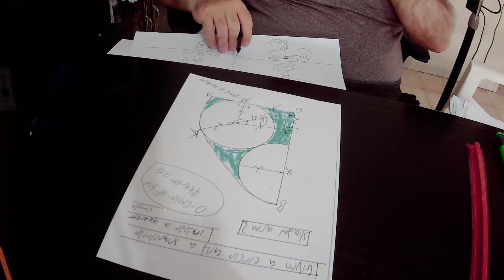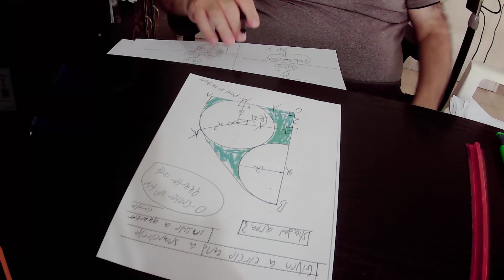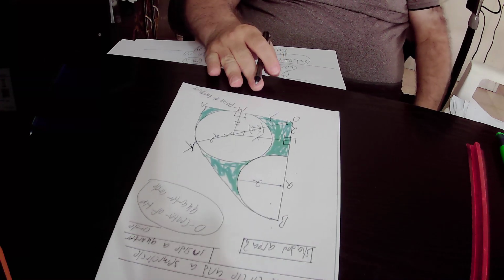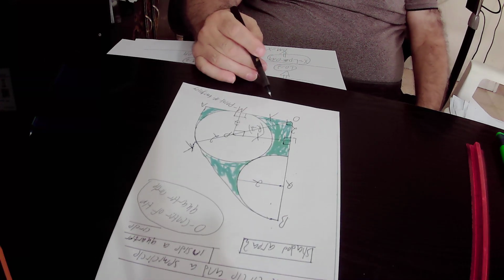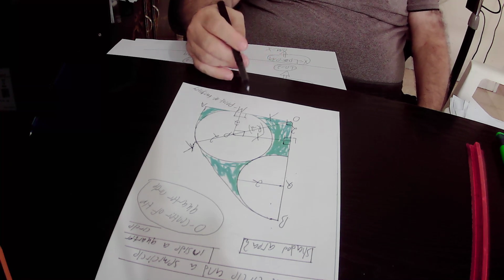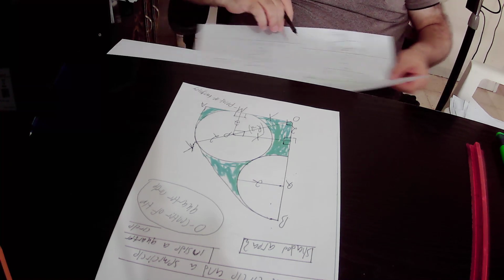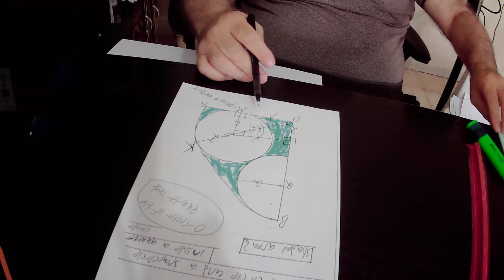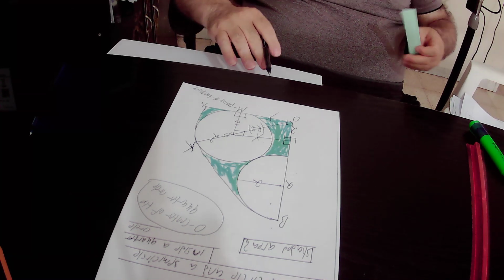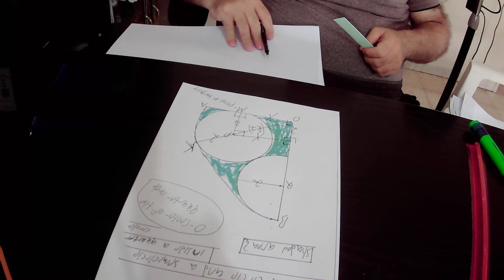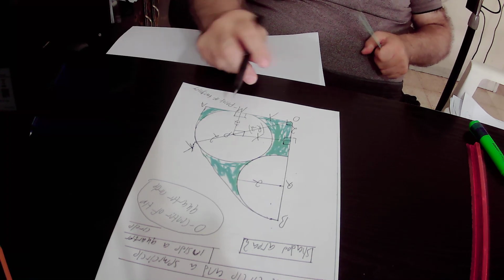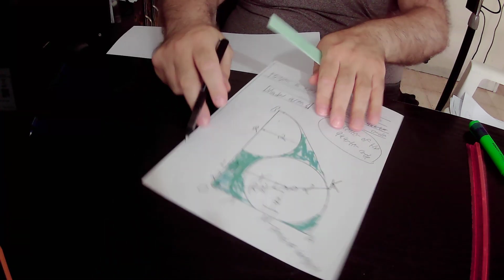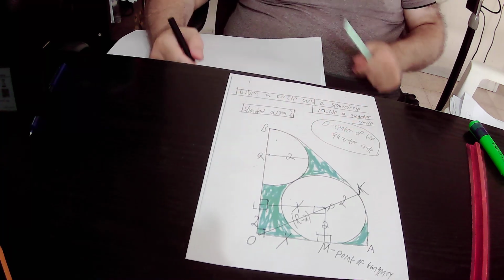So in the next step, we will implement the Pythagoras theorem on the right triangle OPM. I will copy the right triangle OPM onto a new page, and we will implement the Pythagoras theorem on this triangle.